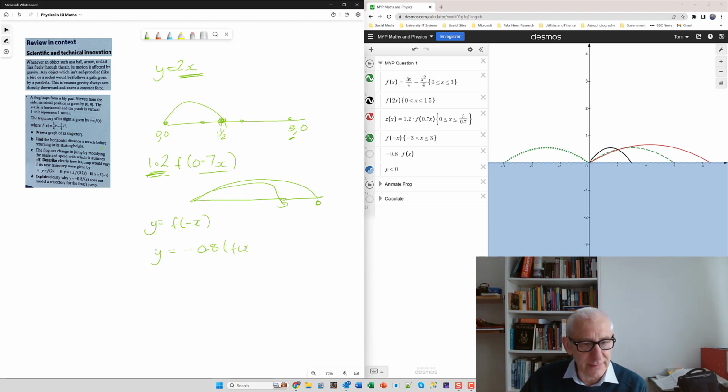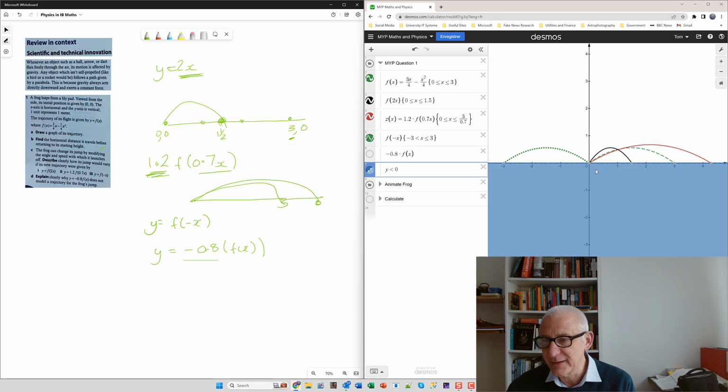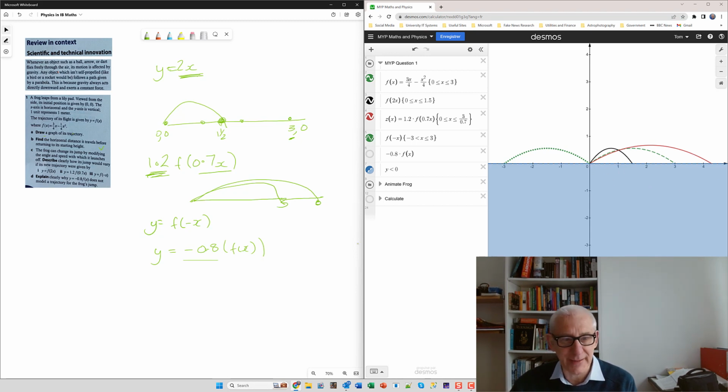Well, the reason for that is because when you make that negative, then the output's going to be negative. All of these outputs that you can see here are positive. If you flip one upside down, then what you're actually going to be doing is asking the frog to travel somewhere underneath the water. Instead of being a positive height above the lily pad, it's going to be a negative height below the lily pad.